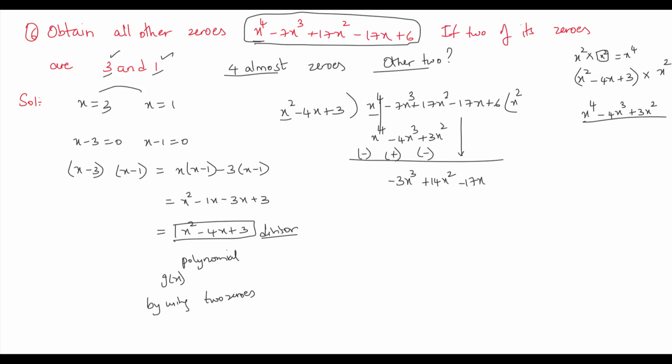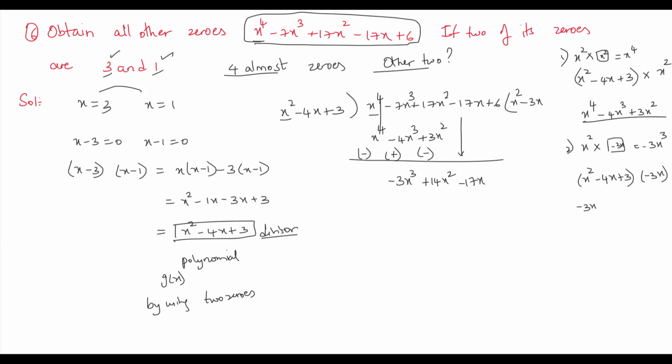Then again repeat the step, that is to compare what should be multiplied to x square so that you will get minus 3x cube. That is minus 3x. Place that minus 3x here and multiply x square minus 4x plus 3 with minus 3x.